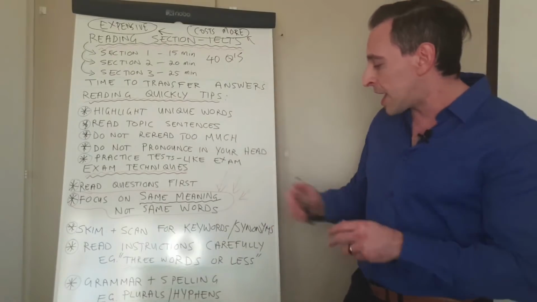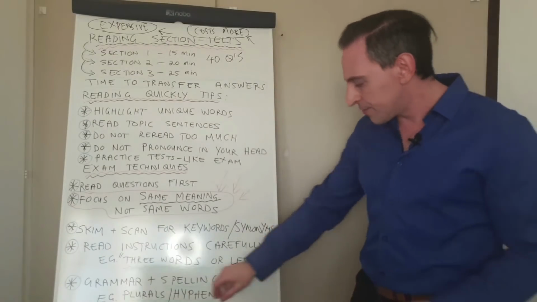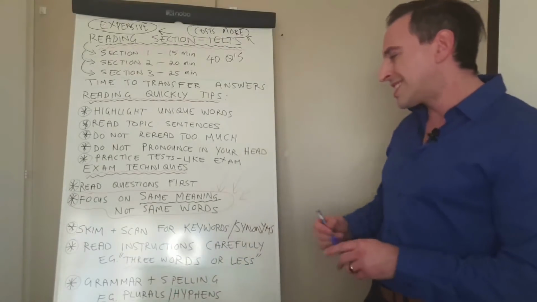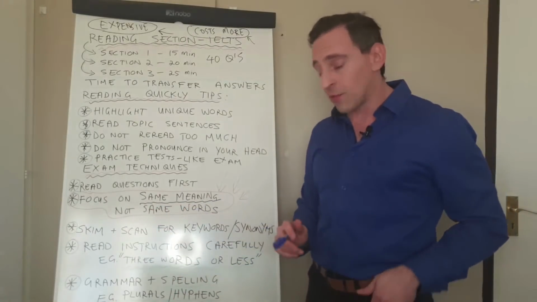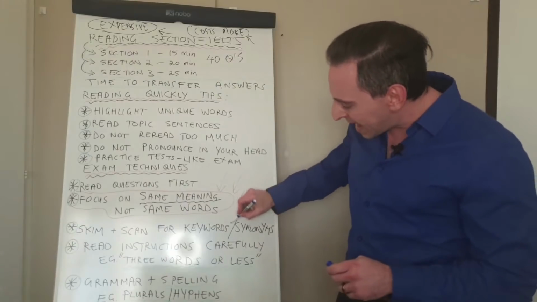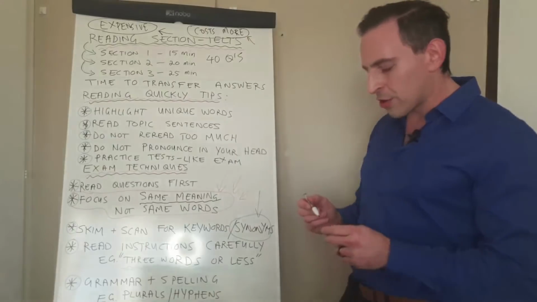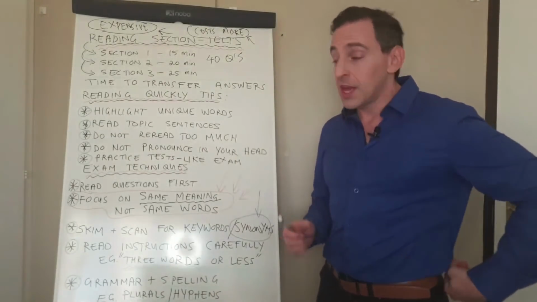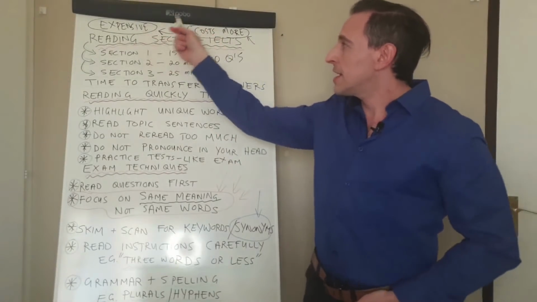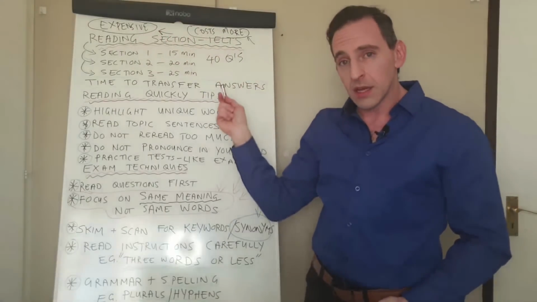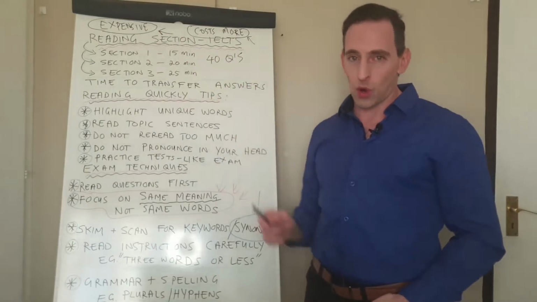Now, how can you do that? I've written down over here that what you skim and scan for are keywords and synonyms. Another arrow here, synonyms. A synonym is like this. It's got the same meaning, but it's a different word.